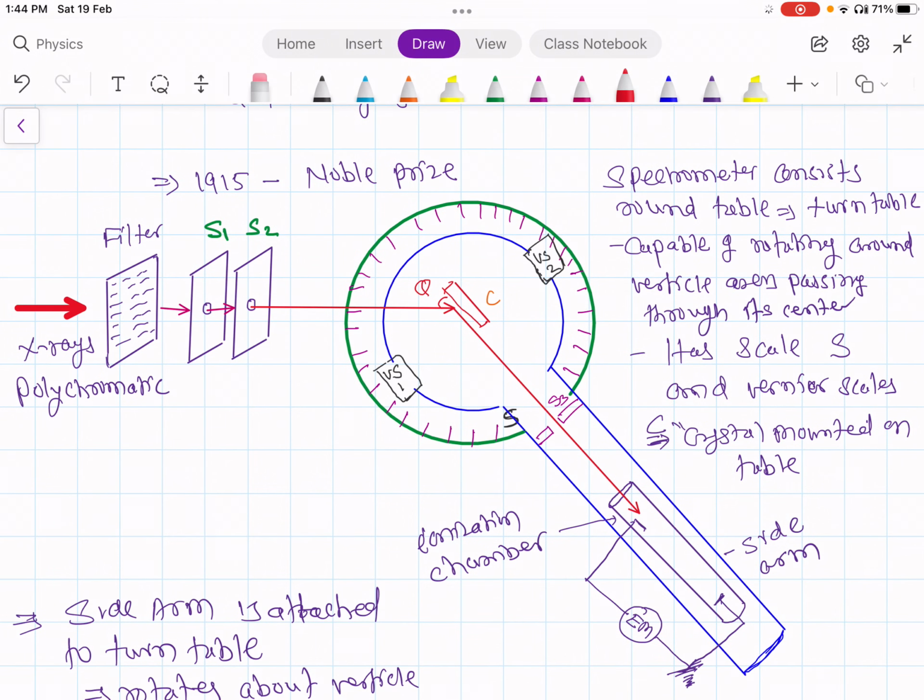Now this ionization chamber consists of vapors of a known gas. When X-rays pass through it, that gas ionizes and produces the ionization current. That ionization current is recorded by the electrometer at a particular theta.